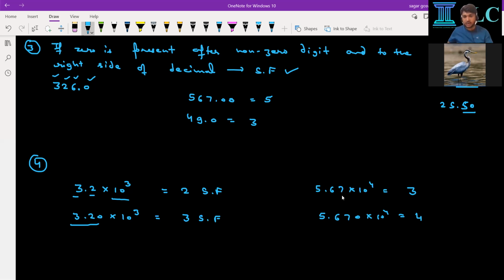So it means we can simply change things. Now, suppose I am writing it as 56.7 into 10 raised to power 3. We can write it like this as well.